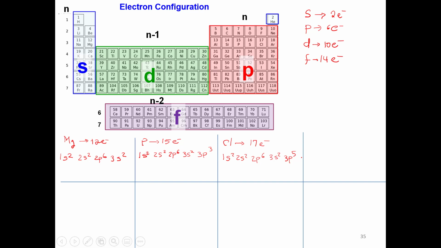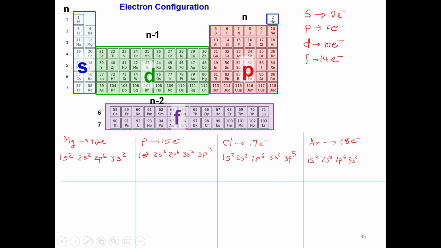Let's try for argon. For argon, we had 18 electrons. And we will do the same. Yes, we start from here. Will be 1s2, 2s2, 2p6 is completed. Move down will be 3s2.